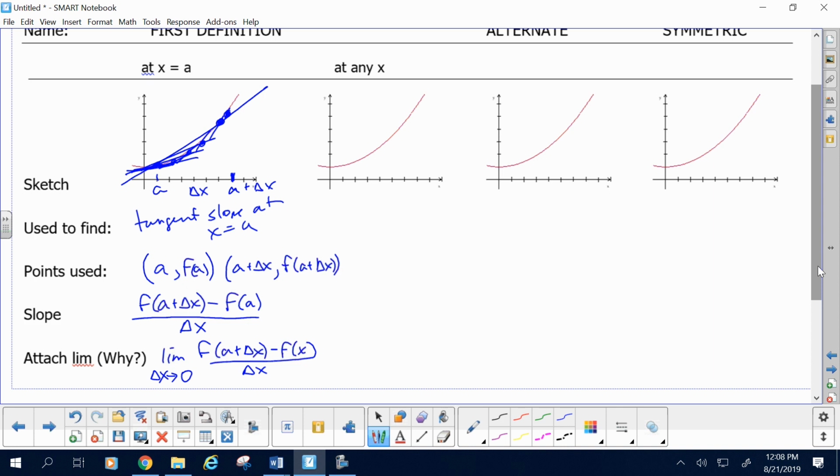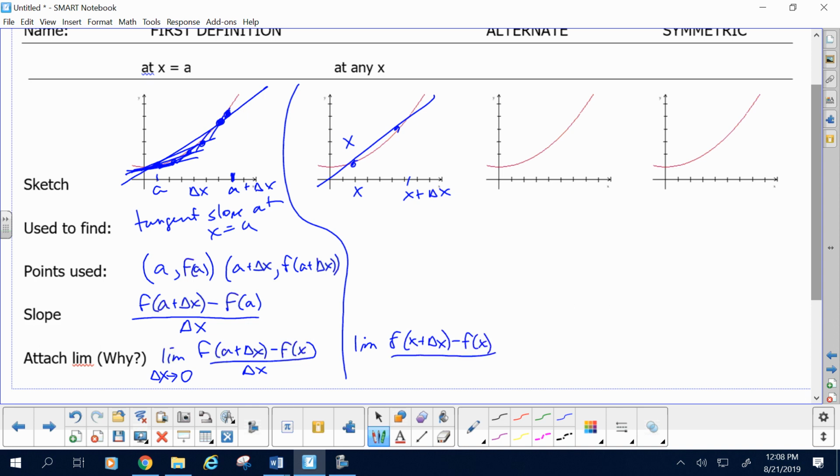If I wanted then to find the slope at any old point, x, and I used a point a little bit away, then it would look like this. The slope between those 2 points would be f of x plus delta x minus f of x over delta x, but I still take the gap or the difference down to 0, right?